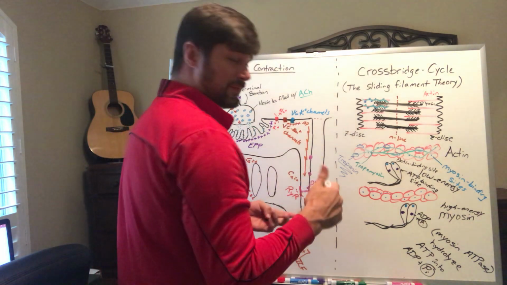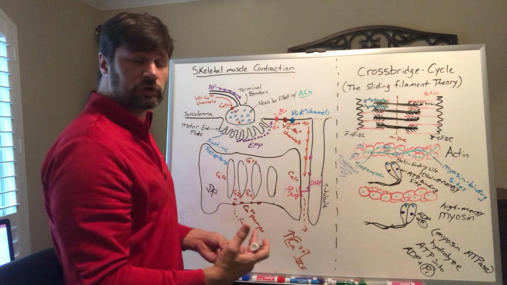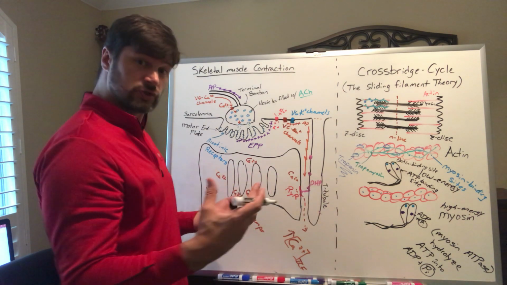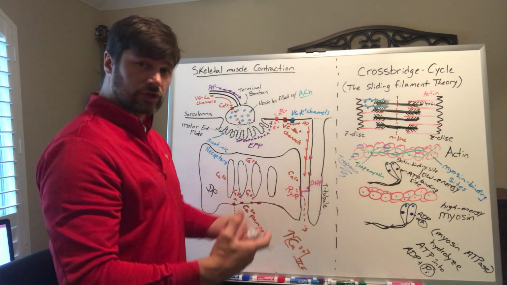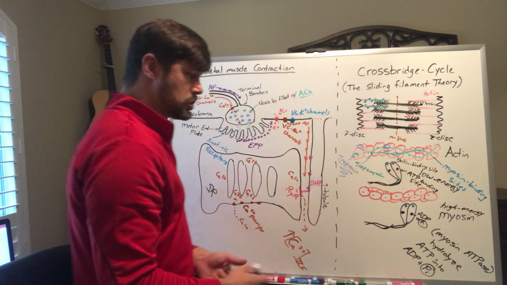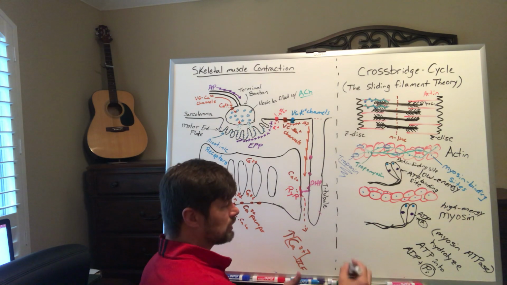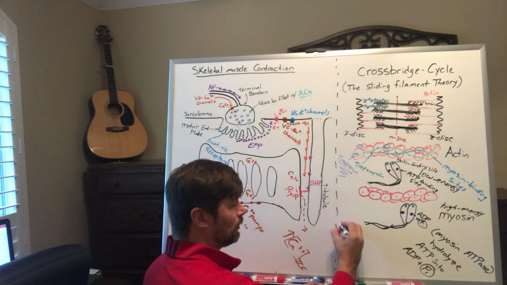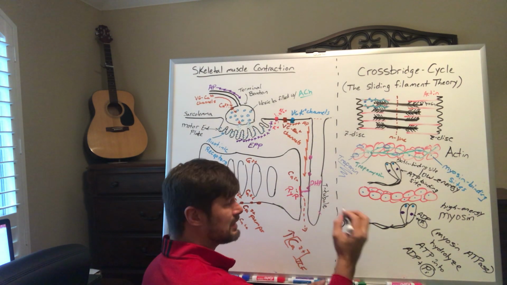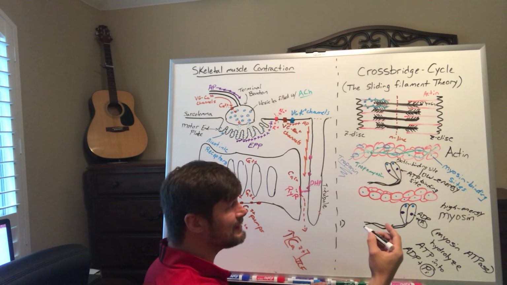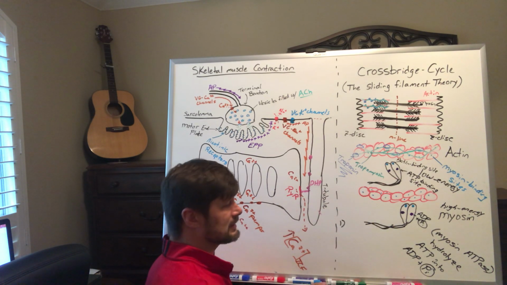This is not the perfect video, but I sure hope that it helps you guys start to visualize this. And then you can start to write it down in your own words. Okay? The way that this works is it's a cycle. 1, you must have ATP bind to the myosin head.